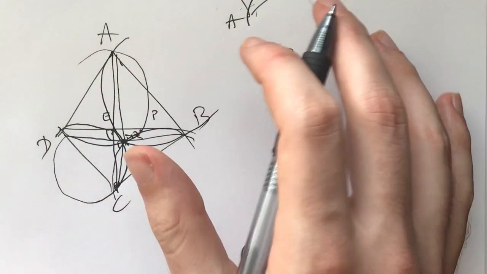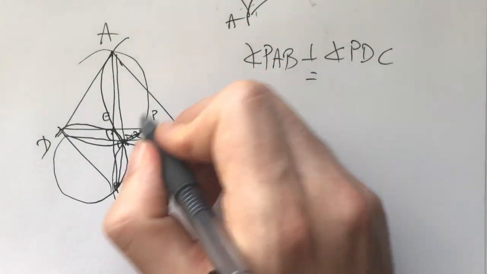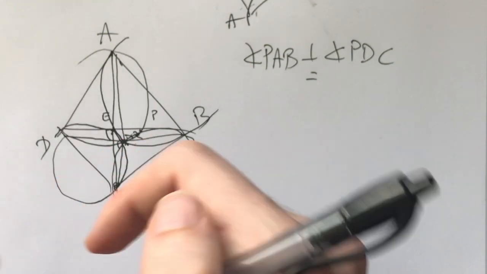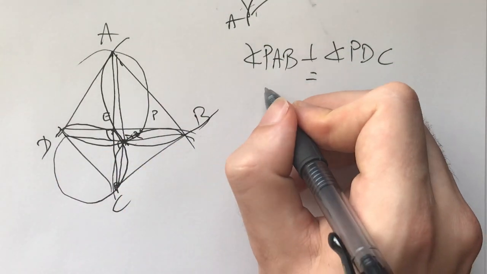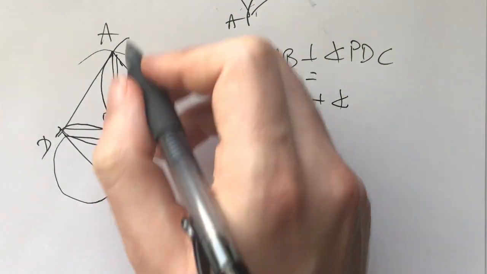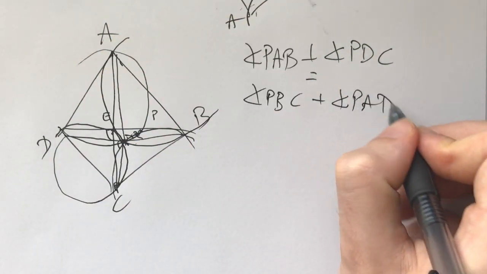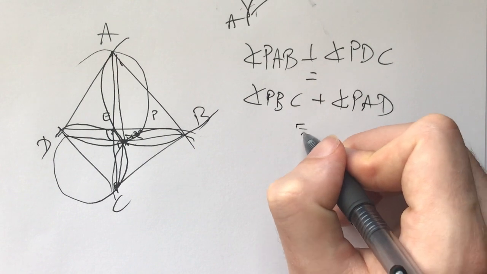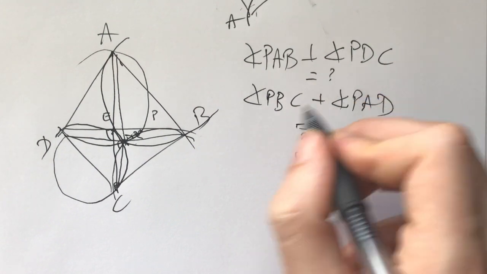We need to show that this is 90, and we need to show things that don't have symmetry, say the angle PBC plus the angle PAD. If we show that both of these are equal to 90, then we are done.